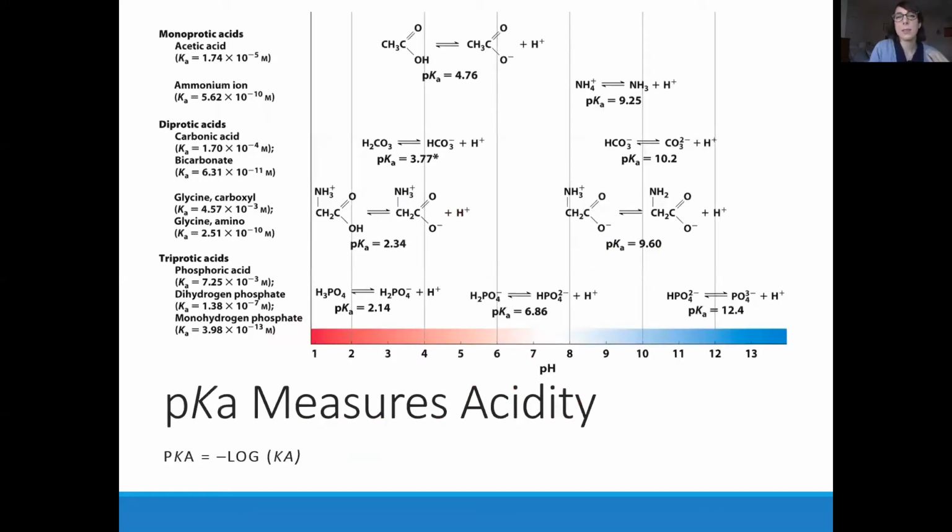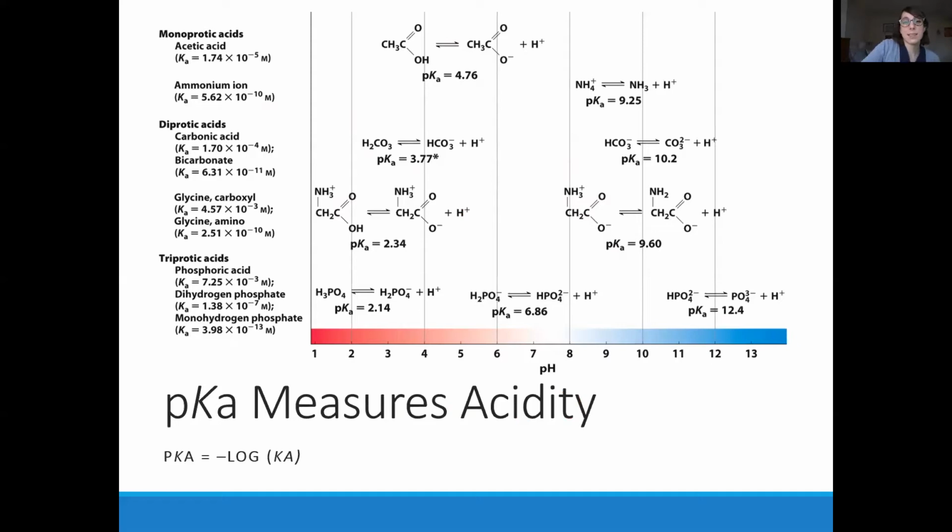So again, remember that pKa, we're going to be talking about pKa's a lot. pKa's are a measure of acidity. They tell you how acidic, how good at being an acid a group is. Now, remember a hint, if something is a functional group that has the word acid in it, that usually means it's good at being an acid.